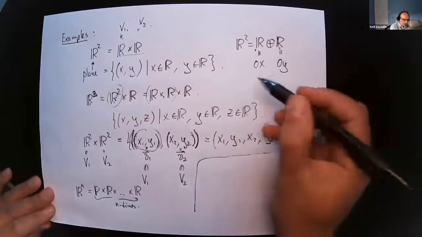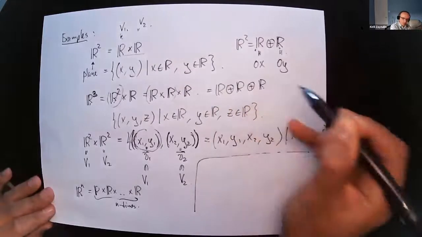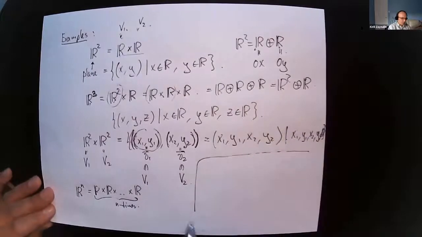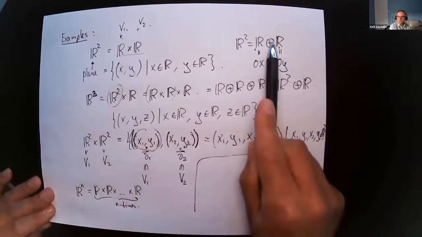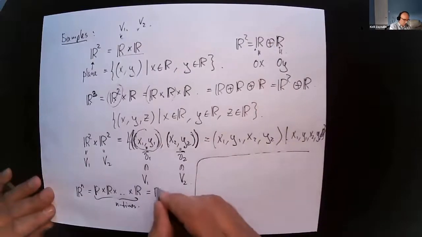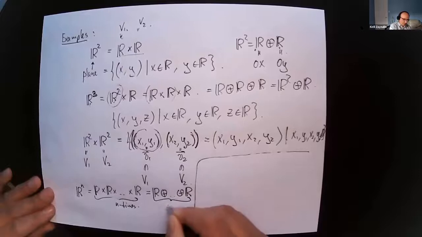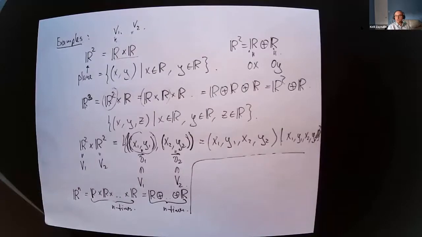For R3, we can also say that this is the same as R plus R plus R, or it's the same as R2 plus R, doesn't matter. Whenever we see this cross, we can always replace it by this concept of a direct sum that we just introduced. We can also write it as R plus ... plus R precisely n times. So Rn can be viewed also as a direct sum of n copies of this one-dimensional space R.